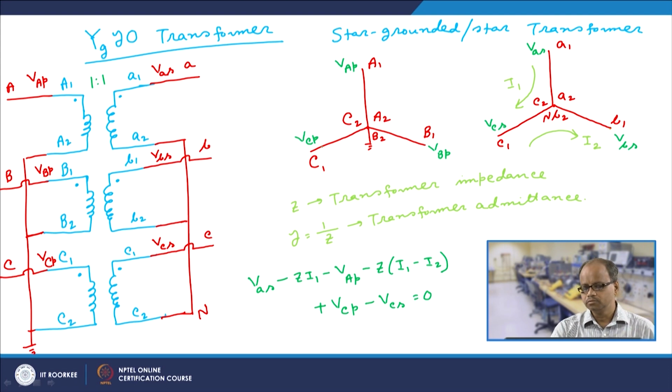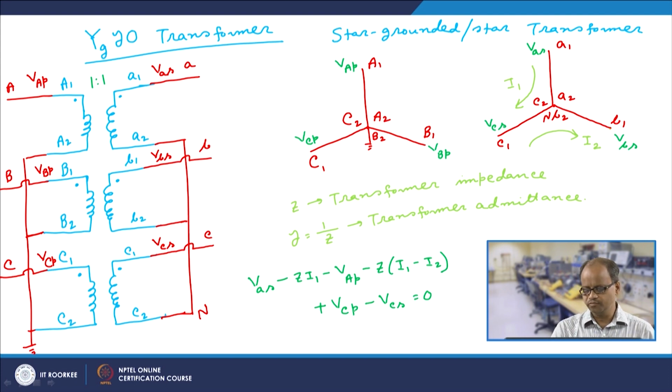Now the reflected voltage of the primary side of phase C is actually from this side to this side. So when we are moving from this side to this side, it would be nothing but a rise in voltage.